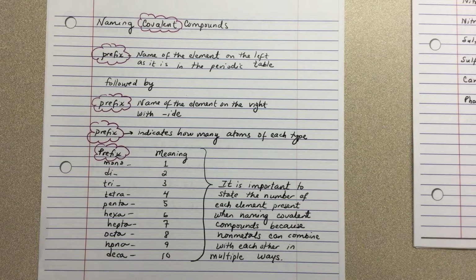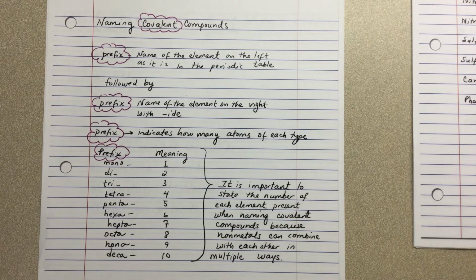When you have covalent compounds, you don't have ions in your covalent compounds. Electrons are not being transferred, so you don't have positive and negative charges here. So you cannot determine how many atoms of each one you have in your formula based on charges, like what you can do with ionic compounds.